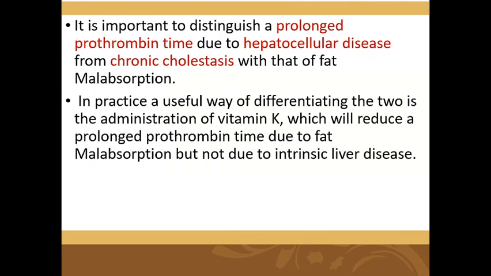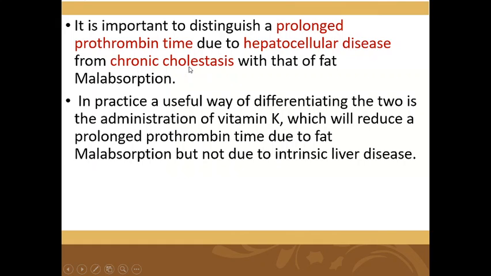It is important to distinguish prolonged prothrombin time due to hepatocellular disease from that due to chronic cholestasis with fat malabsorption. यानी prolonged thrombin time जो है वो hepatocellular disease की वजह से है या फैट malabsorption की वजह से है. तो इसमें क्या करेंगे कि vitamin K is given to the patient.